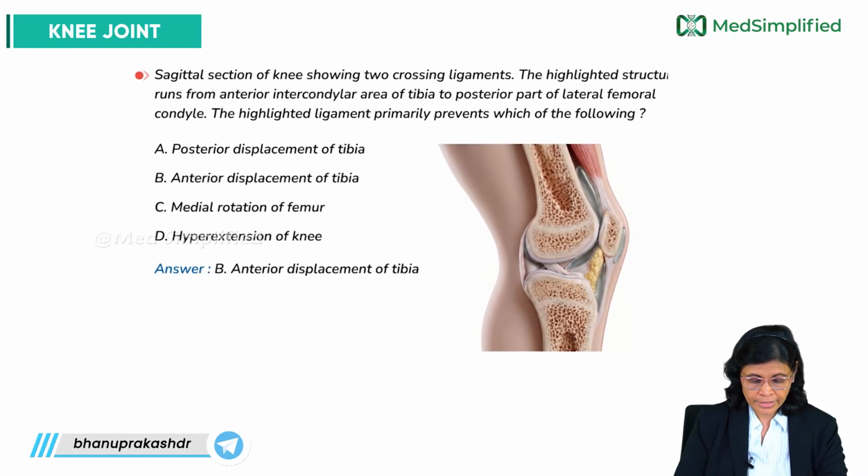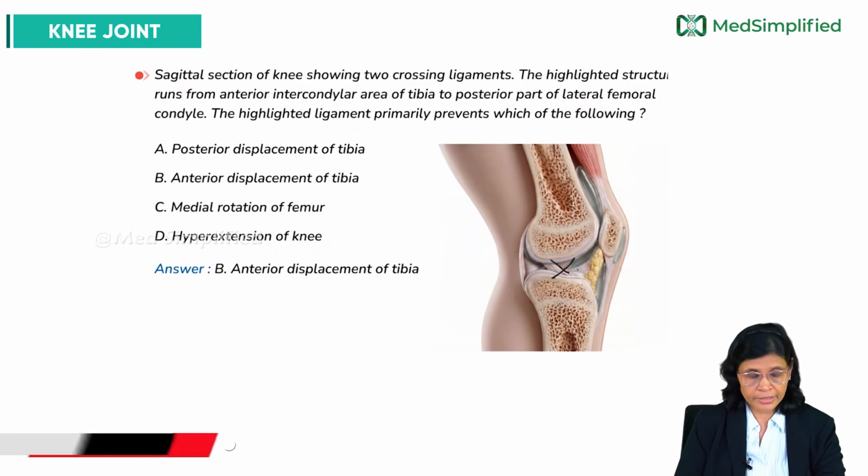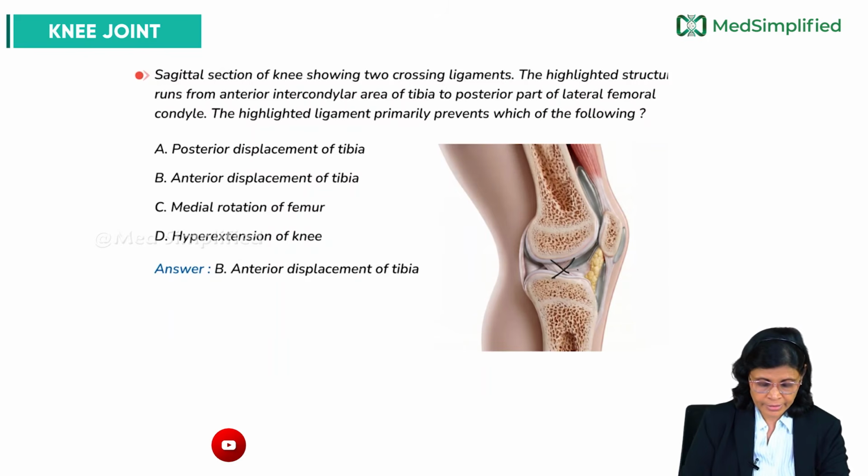Next is a sagittal section of the knee joint showing two crossing ligaments. The highlighted structure runs from the anterior intercondylar area to the posterior part. That is the anterior cruciate ligament. The highlighted ligament primarily prevents which of the following? It prevents the posterior dislocation of femur and anterior dislocation of tibia. This is the right choice, B.